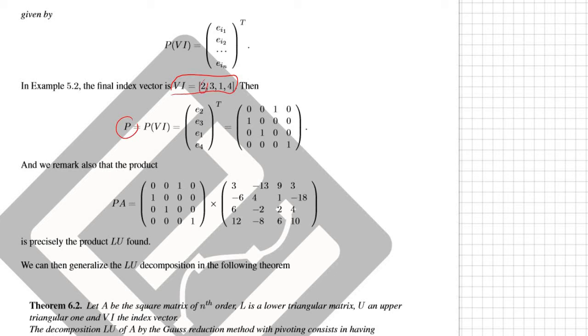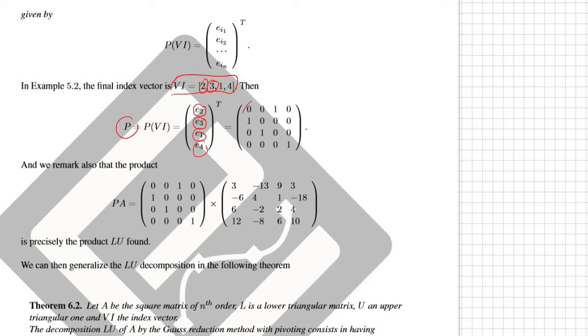The first element is 2, so we start with e2, which is the canonical basis vector in R4. The second element of VI is 3, so then we have e3, and then e1, and then e4. But we put these vectors in columns.